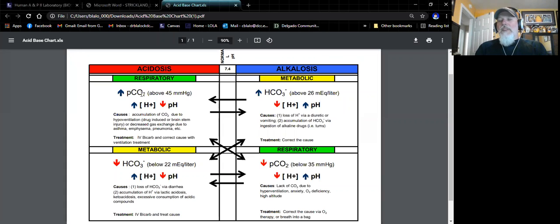What about vomiting? Yeah, vomiting can definitely make us alkaline. Why? Well, when we vomit, what's coming up with whatever was in our stomach? Hydrochloric acid, right? And if we're losing that hydrochloric acid from the stomach, what does the stomach have to do? It has to make more hydrochloric acid.